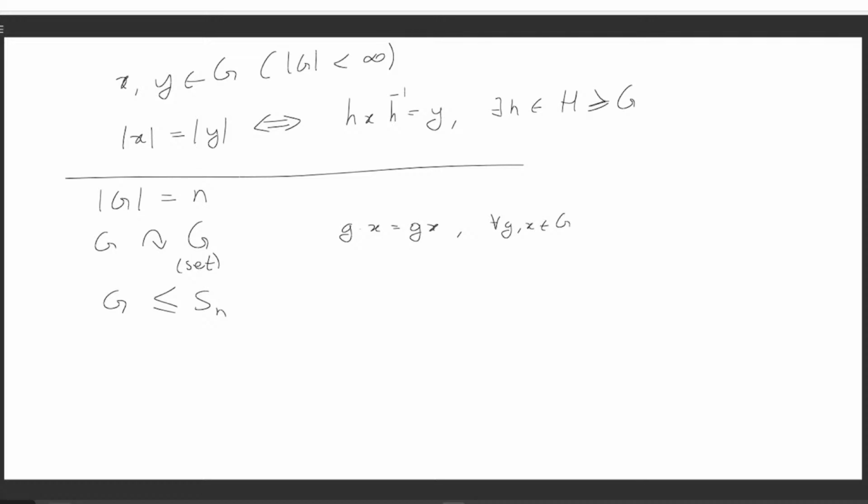Now you want order of x equal to order of y. So consider x as an element of Sn, y as an element of Sn, and take an arbitrary element and look at its action. In fact, we want to write down the cycle structure of x in Sn and y in Sn.